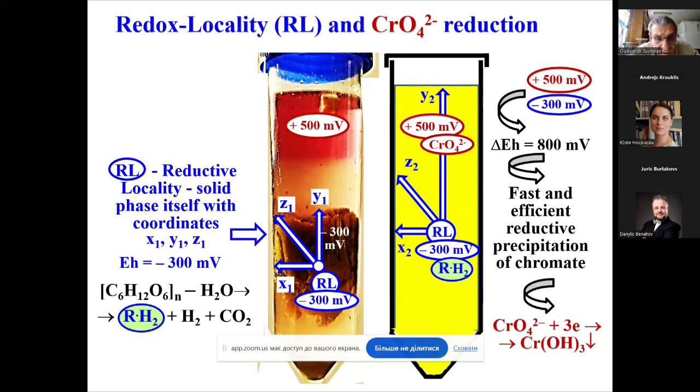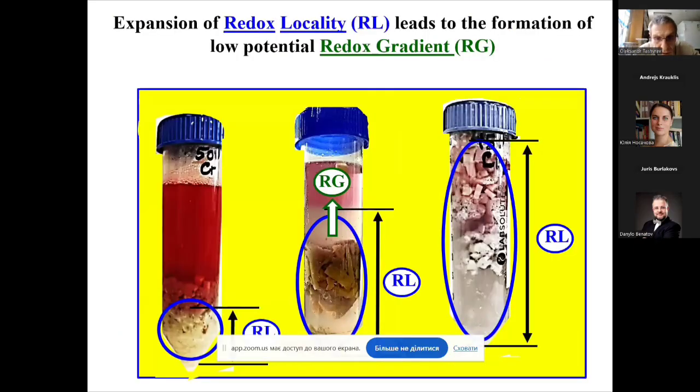And obviously, due to the spreading of redox metabolites in the tube, we obtain the decrease of redox potential, and connected with it fast and effective precipitative reduction of chromates.